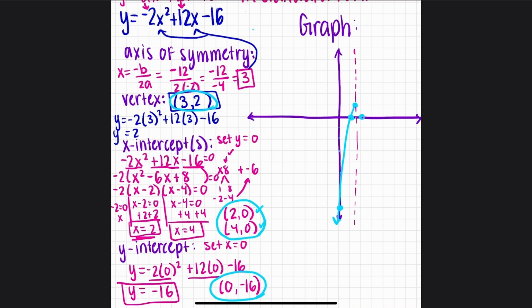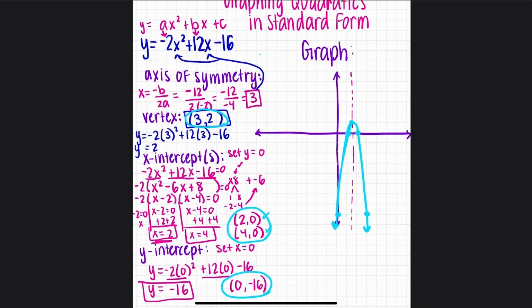That means you're going to have another point that mirrors this negative 16. So see, this is 2.5 away, so half 2. And I know that's not the best U shape. And that's how you graph your quadratic in standard form.